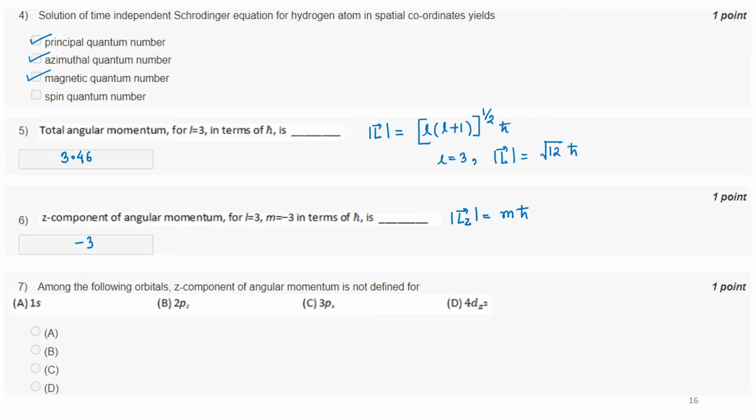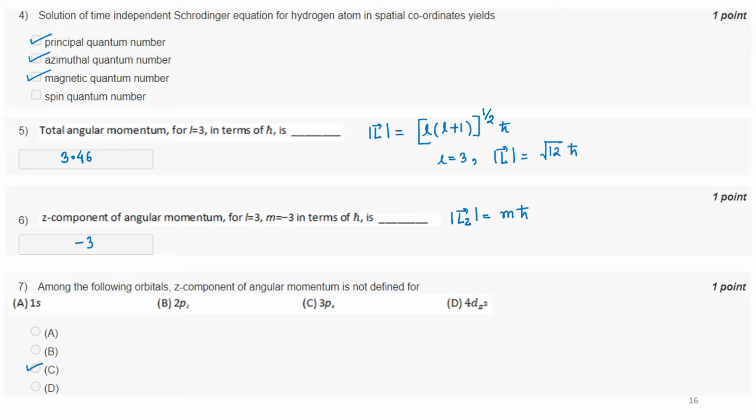Here 3px is going to be the answer, right? 3px comes from a linear combination of p minus 1 and p plus 1. That is why it is not going to have any z component of angular momentum. So it is not going to be an eigenfunction of the angular momentum Lz operator. So here the answer is C.